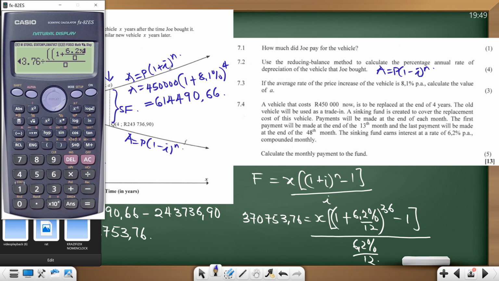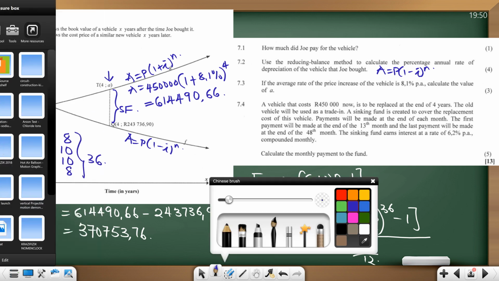Now you're just typing in 6.2% divided by what? 12, to the power of what? 36, minus 1. It's only 1 bracket there, right? We've already closed the second bracket. Divided by 6.2% divided by what? 12. Your calculator will do the dirty job for you. 9397.11. We're done. 9397.11.